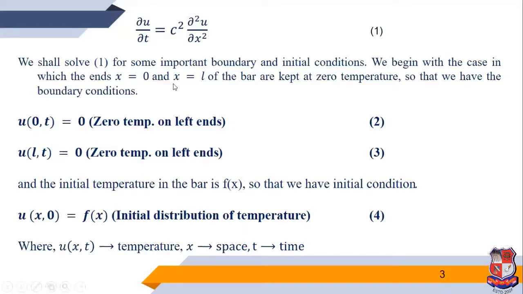So now the rod length is L. At the left end the temperature is 0. So the boundary condition is defined as u(0,t) is equal to 0. Here we consider x is equal to 0.